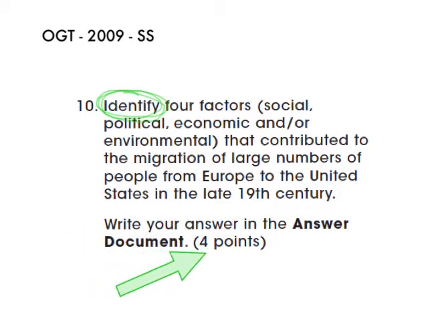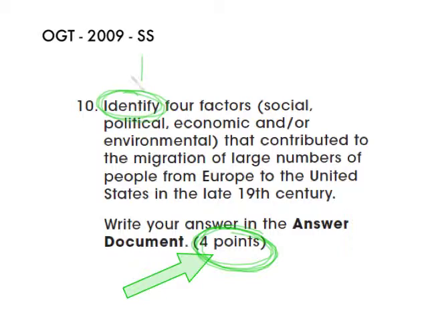Write our answer in the answer document. And we can see that it is worth 4 points. So I'm going to circle the 4 points, the point value. I'm definitely going to mark the performance verb in here, which is identify, in this case, state. And what we need to state, we need to state 4 factors that relate to the migration of people.